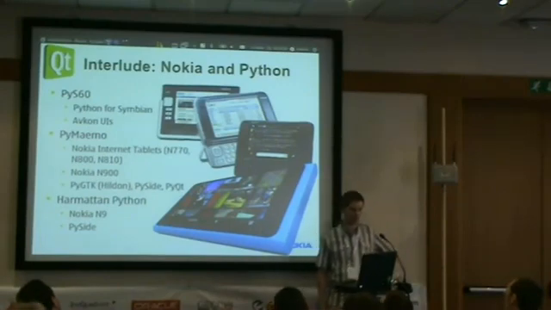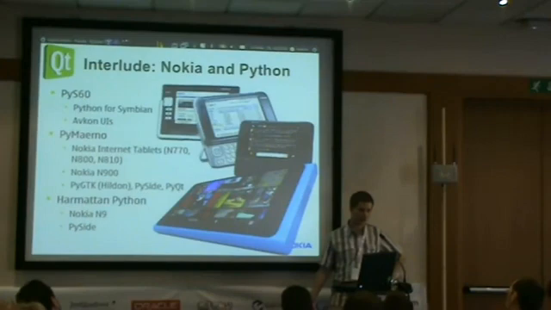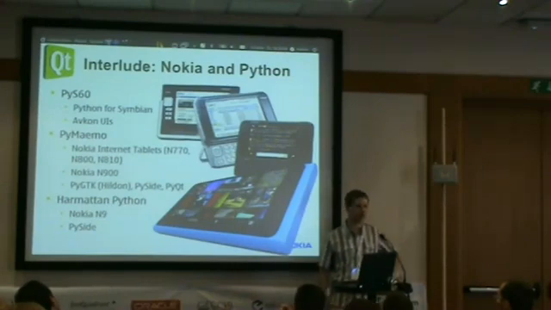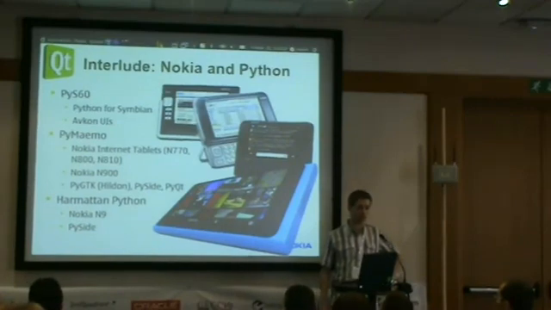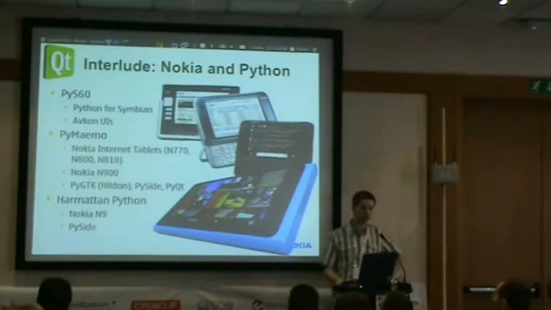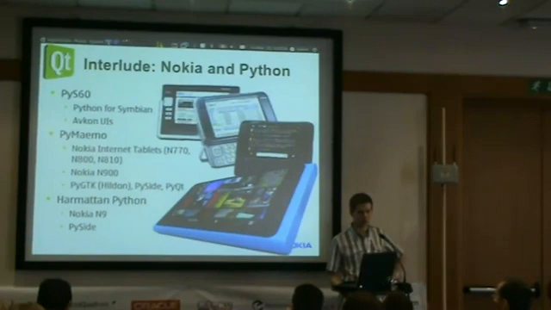And now, this week's Tuesday, Nokia's N9 device was announced, which is the first MeeGo Harmattan device by Nokia, and there's also rather complete Python support. The support is based on the PySide bindings project.